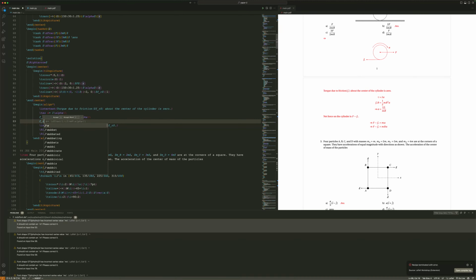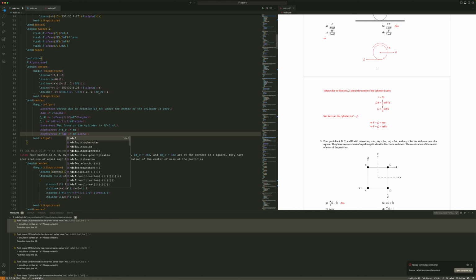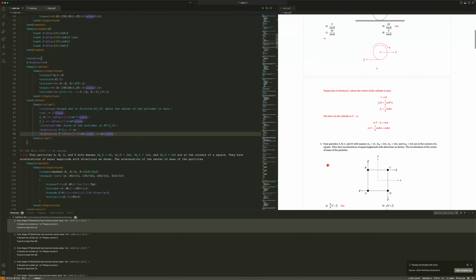Yes, if r is equal to this, we can say that friction is like that, and then we can put this equation, the friction, I over 2, and then what is m r alpha, and now we can get the alpha part.